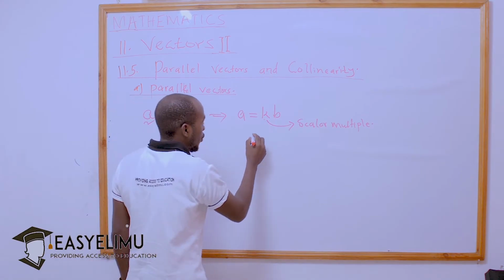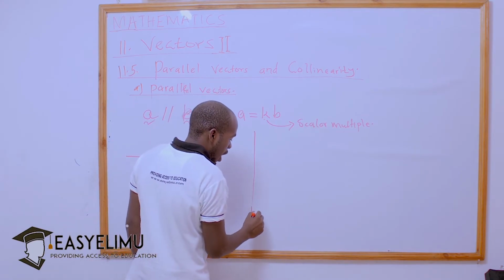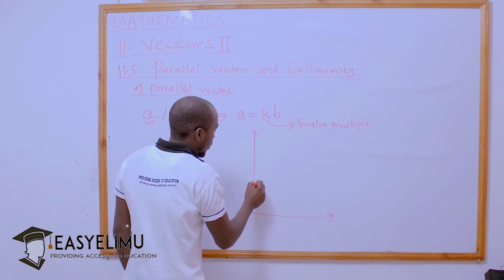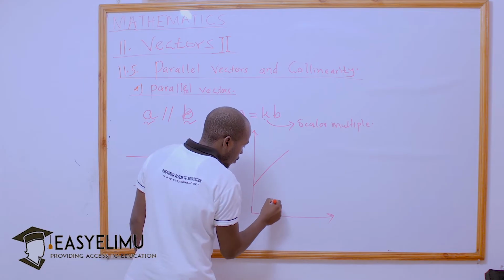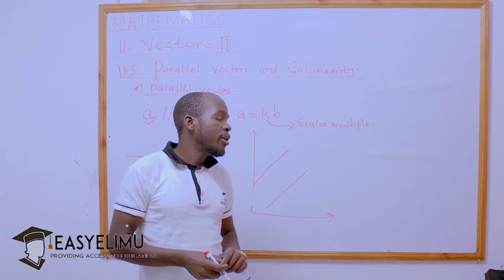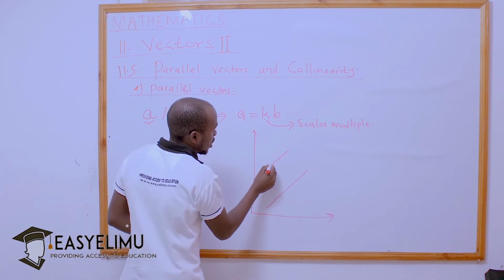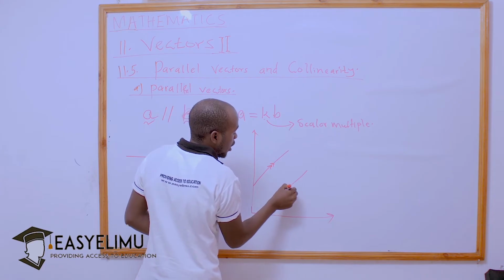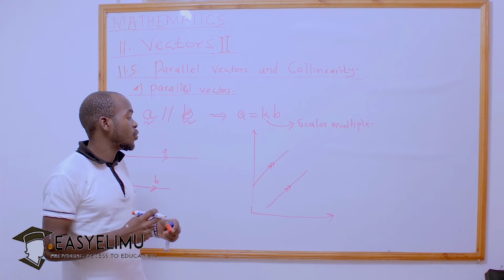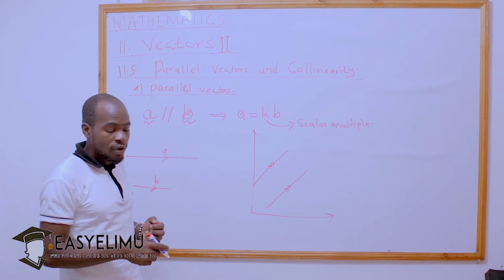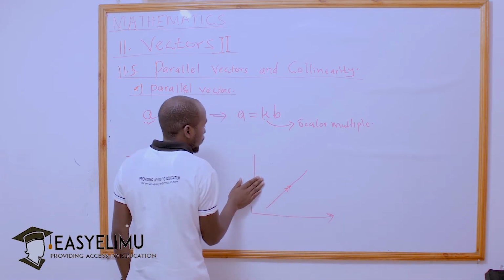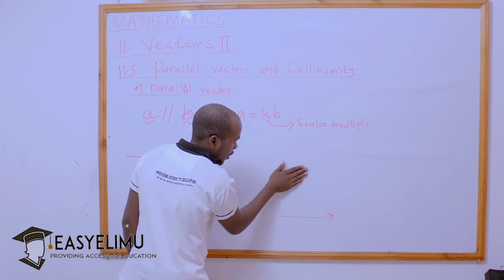And if it's a function of a vector on a graph, they will only be parallel if and only if they have the same gradient. That is only if you are using a Cartesian plane. But for our case, we are going to consider parallel vectors given as position vectors with coordinates.